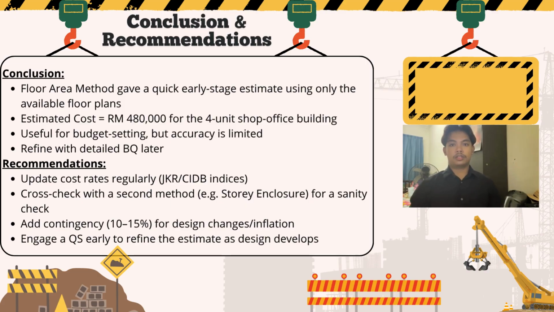And then a contingency of around 10 to 15% should be added to account for design changes and inflation. And ideally, a quantity surveyor or QS should be engaged early so the estimate can be refined as the design develops.